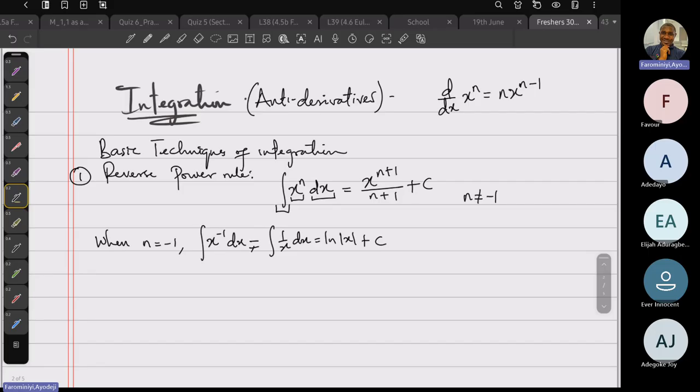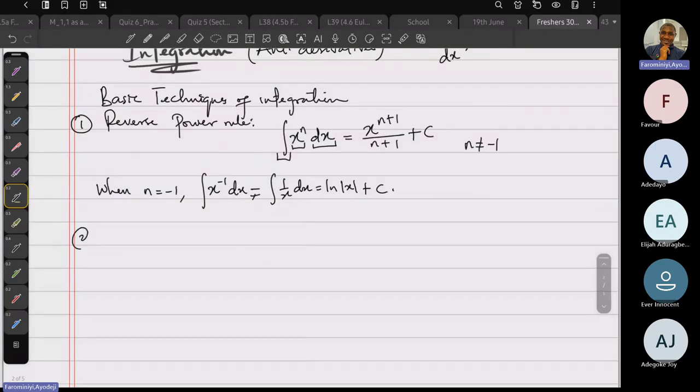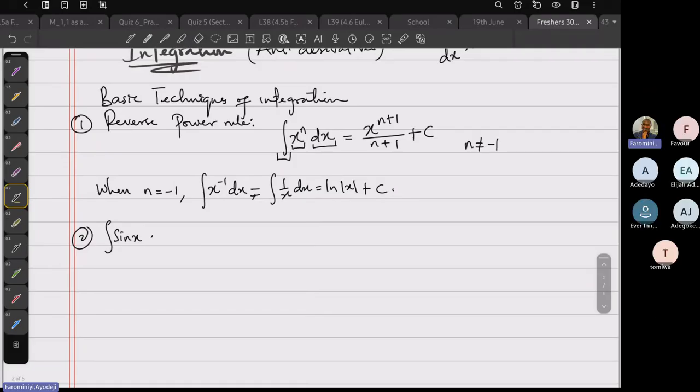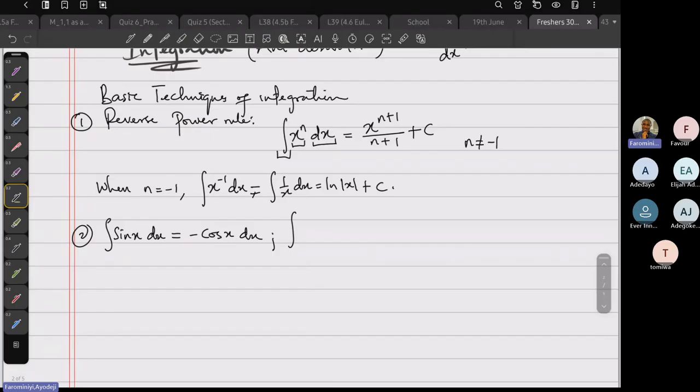Then of course we know the basic fact from differentiation that the integral of sine x is going to be negative cosine of x, since the differentiation of cosine of x is negative sine x. The integral of cosine of x with respect to x is equal to sine x.